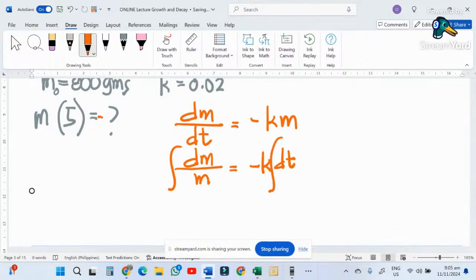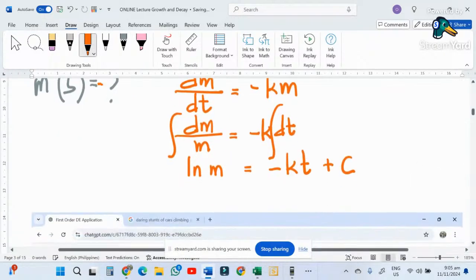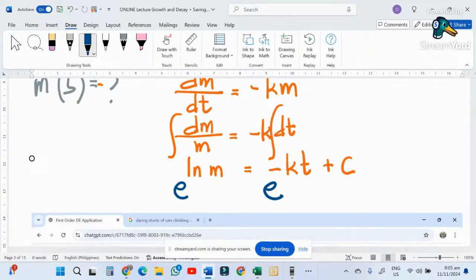So the integral of dm over m is ln m equal to negative kt plus c. To remove the ln, you have to raise everything with an e. On the left side, it becomes e to the ln m equal to e to the negative kt times e to the c. e to the ln m is m.